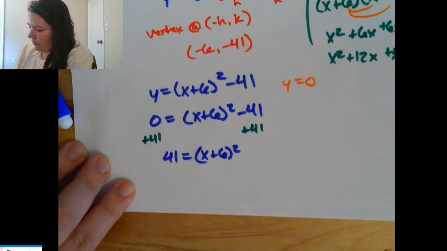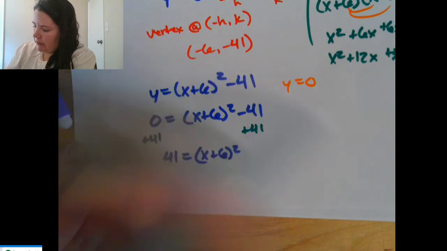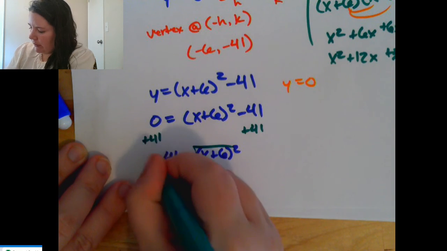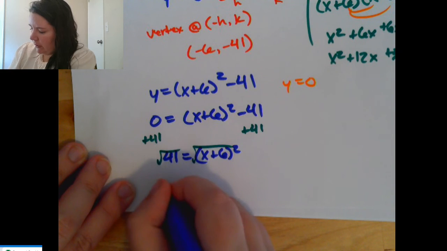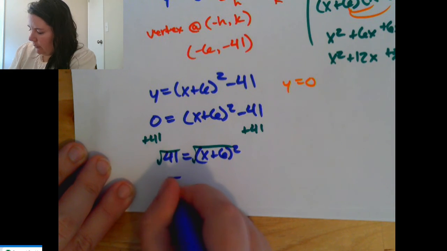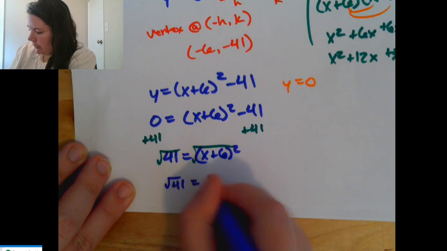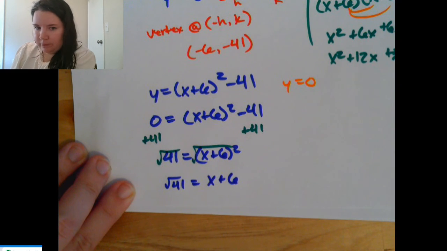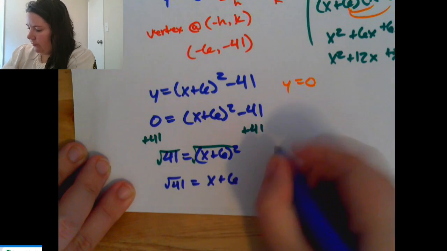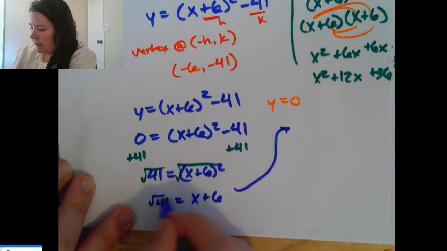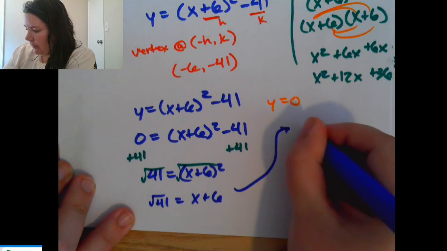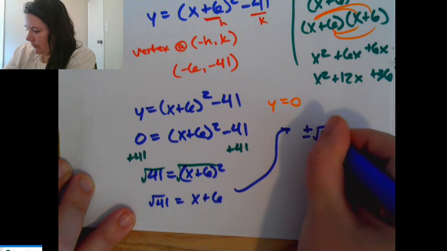So I'm going to go in here and take the square root of both sides to get rid of that square, which leaves me with the square root of 41 equals x plus 6. Almost there. Remember, whenever you introduce a square root, you need to include both signs. We have a positive and a negative version.